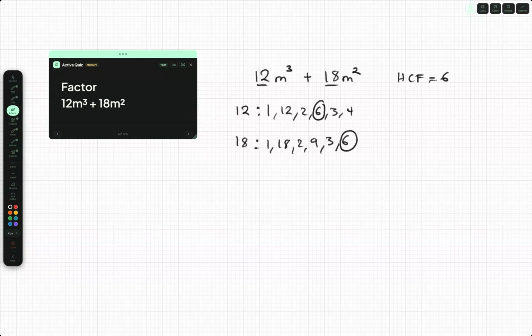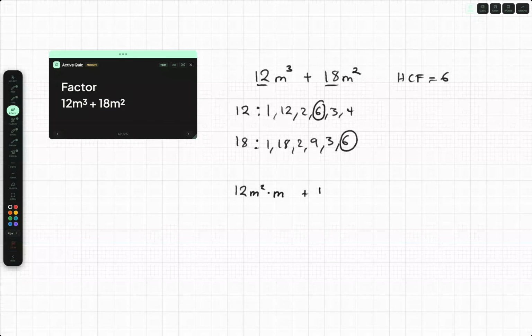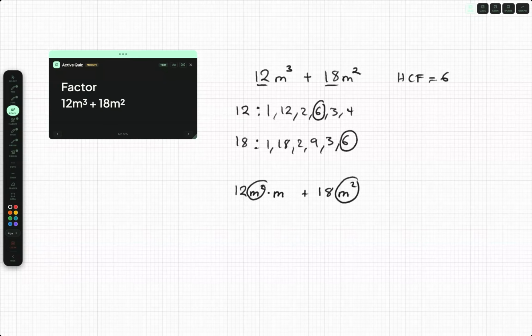Right, and as I was saying before, if we go 12m squared times m, that is the same as this. This is exactly the same as the expression at the top, so we can factor out this m squared as well. So our highest common factor between them is in fact 6m to the power of 2. So we just need to divide both terms by 6m to the power of 2.